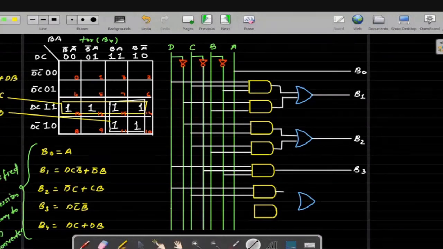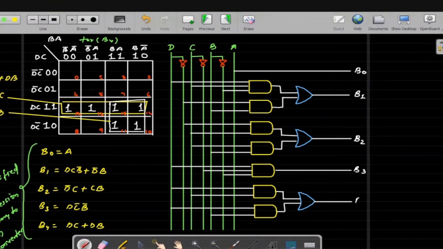This is D and this is B. Okay. So this is your DB term. And these two terms will combine using one OR gate. Okay. So finally you will have your B4 implementation.